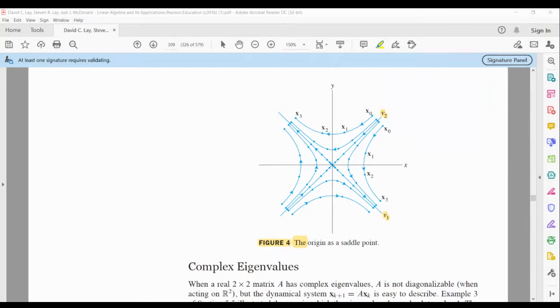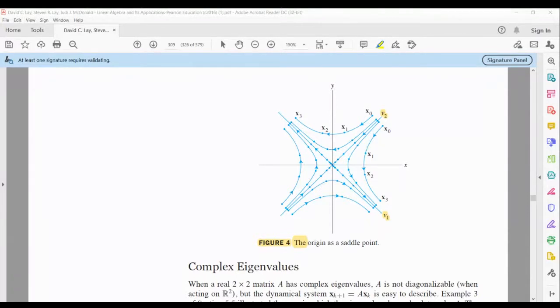It's better to use axes v1 and v2, and then you see how the trajectories naturally behave. Okay, I'm sorry, I said that wrong. As k gets large, the trajectories all approach the axis that contains the eigenvector v1. That's the portion of the xk vector that has 2 to the kth power in it.